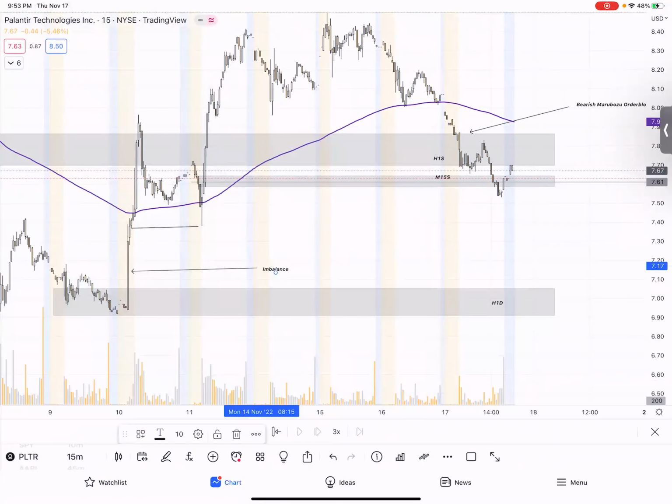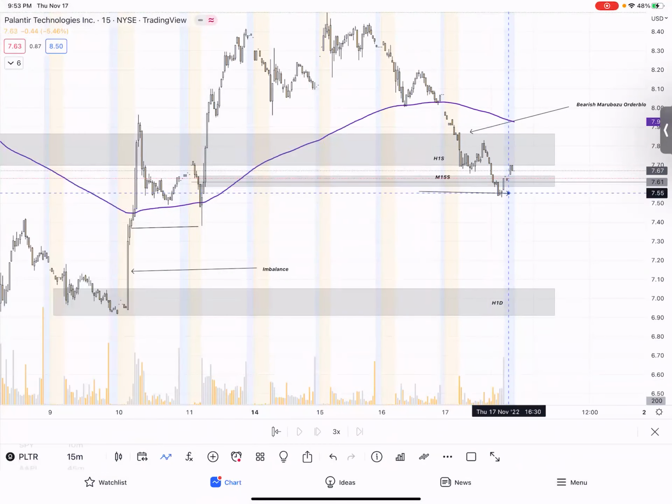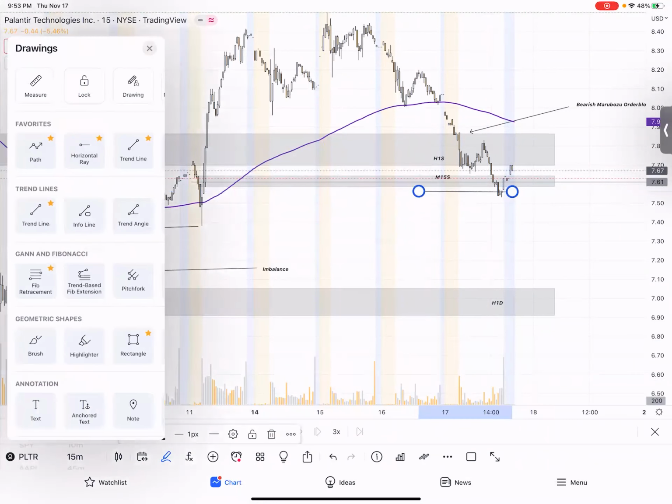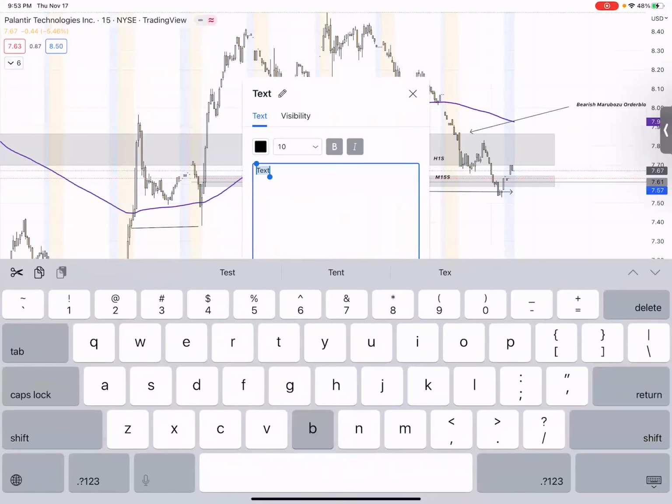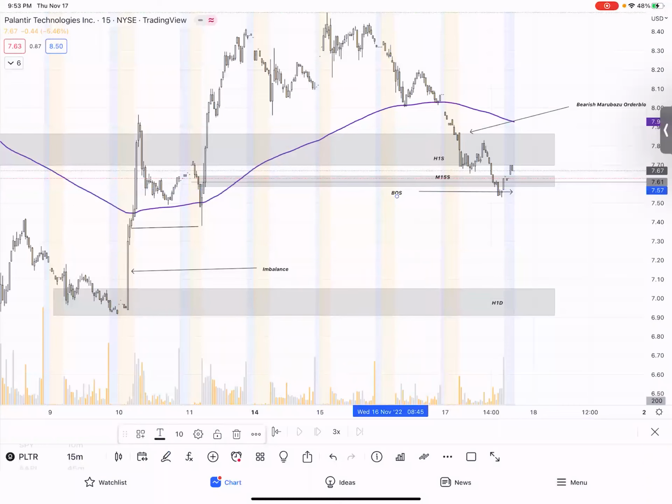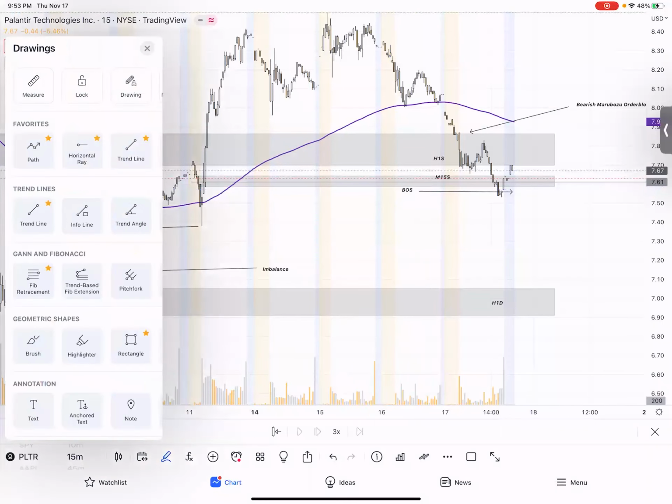The cause is going to be our break in structure, which is this move here. The effect is going to be to target these equal lows as well as the imbalance left behind at our daily demand.